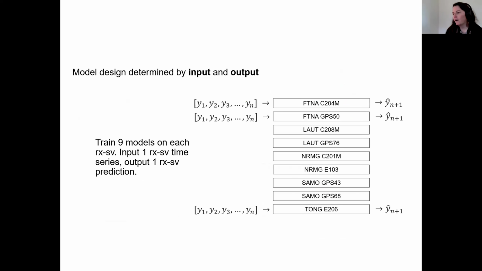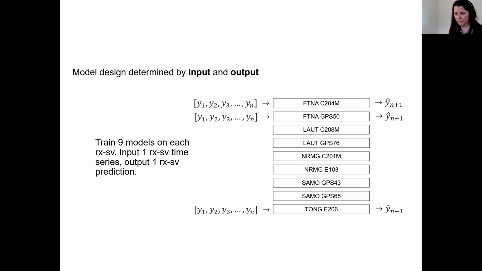Model design. There are a lot of different approaches that one can take to model design. For this approach, we will work up to how it serves us best. But it really just comes down to what do you want to input and what is your output?